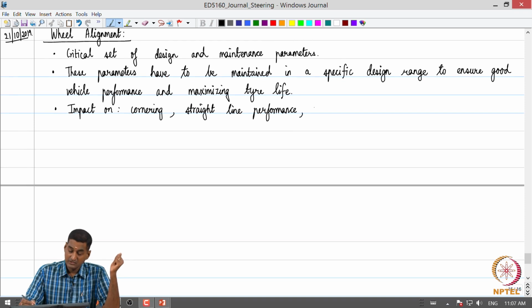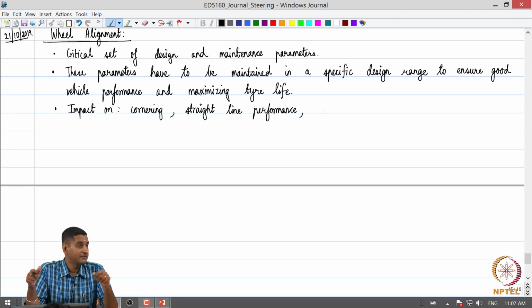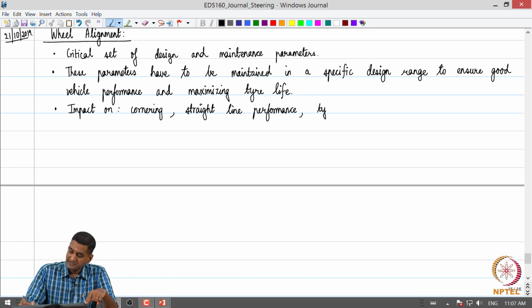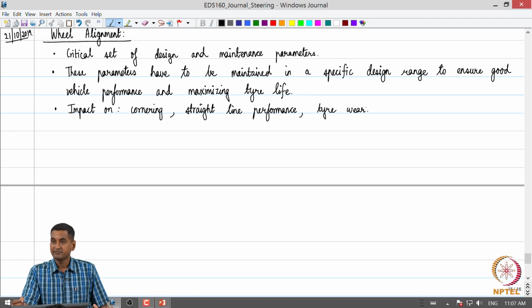It is very important to ensure that when the vehicle is driving straight ahead, the driver gets a good feel, and the car does not deviate from its path, so it does not drift from the straight line path decided by the driver. And more importantly, these wheel alignment parameters have a direct impact on tire wear.